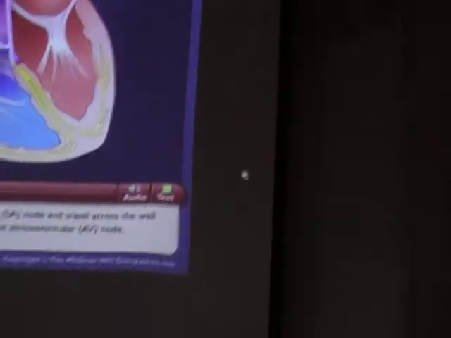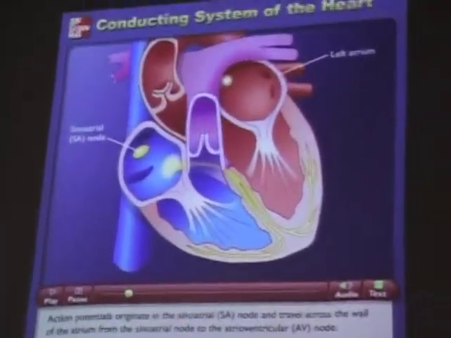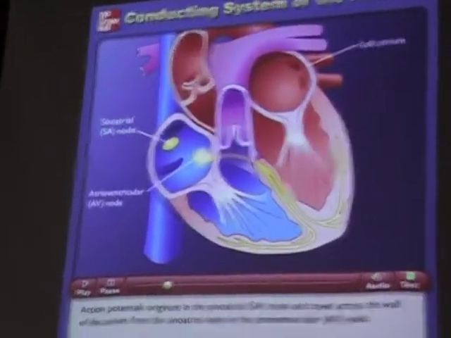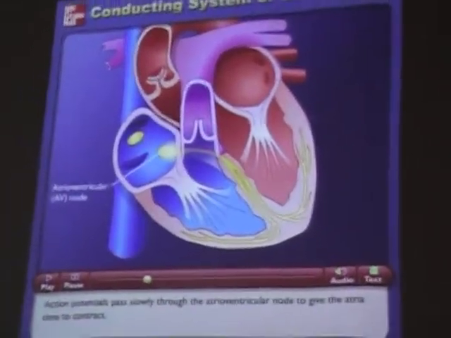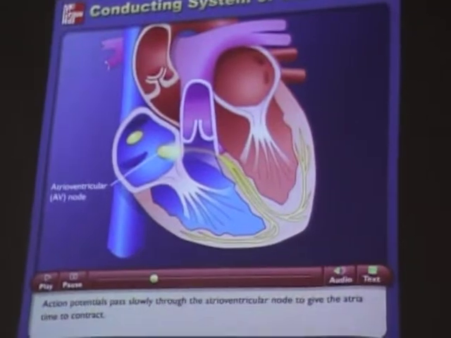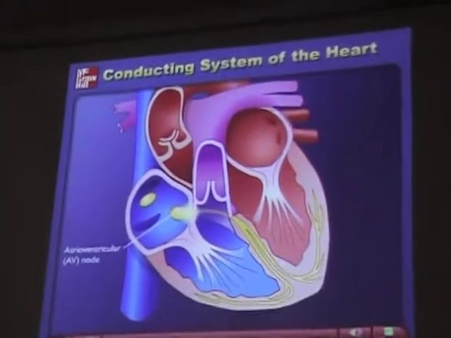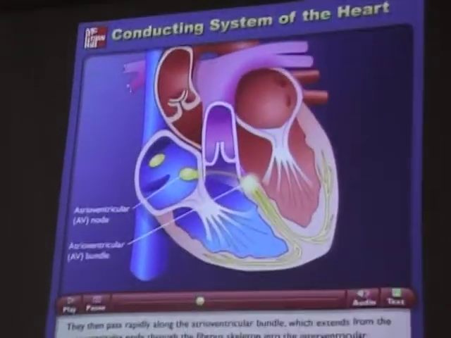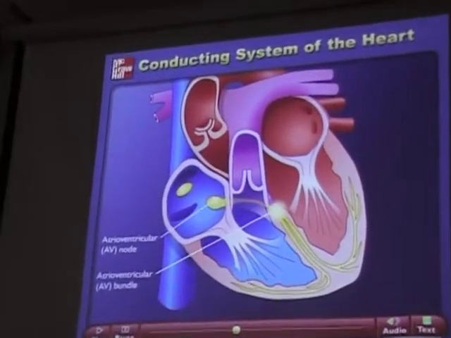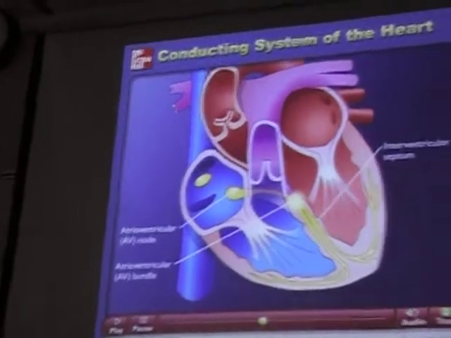Action potentials originate in the sinoatrial node and travel across the wall of the atrium from the sinoatrial node to the atrioventricular node. Action potentials pass slowly through the atrioventricular node to give the atria time to contract. They then pass rapidly along the atrioventricular bundle, which extends from the atrioventricular node through the fibrous skeleton into the interventricular septum.